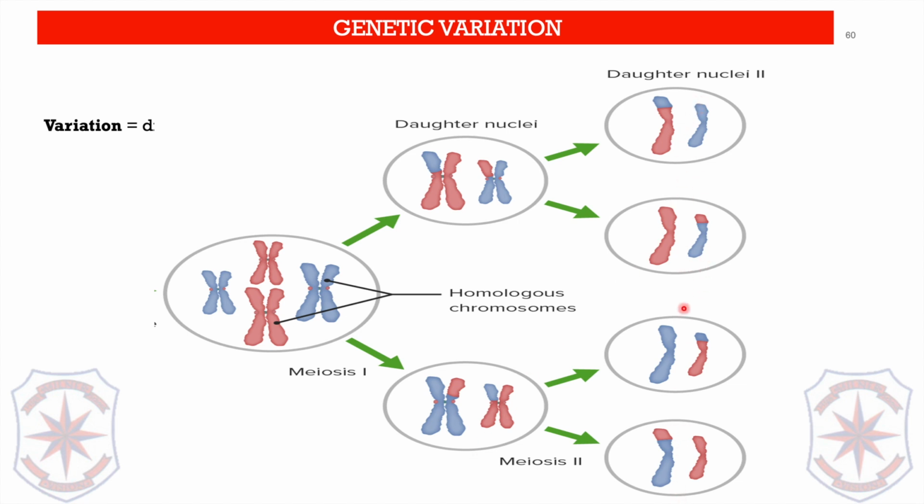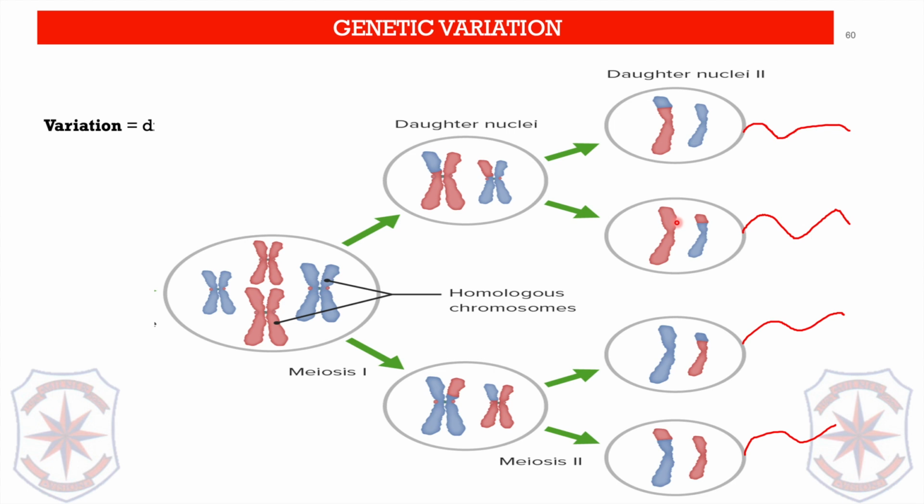And then at the end of meiosis 2, we will have 4 daughter cells. And these 4 daughter cells would be gametes. So if these were sperm cells, let's say, for example, these were 4 sperm cells that result from meiosis in males.